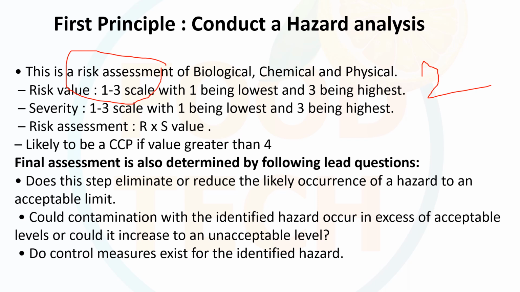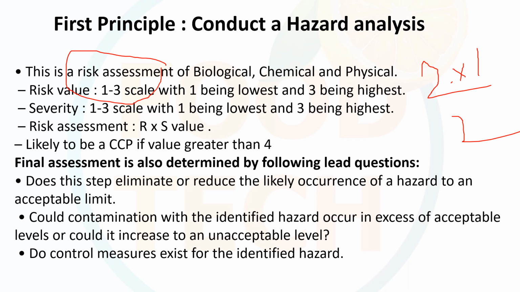Suppose the risk value is 2 and the severity is 1, so it will be 2 into 1, which gives you 2. So this is the total risk assessment value. But the maximum risk value can be 3, and 3 into 3 is 9.